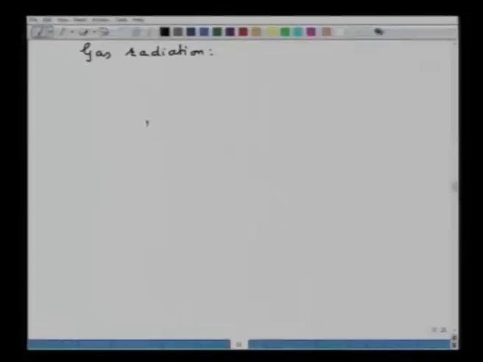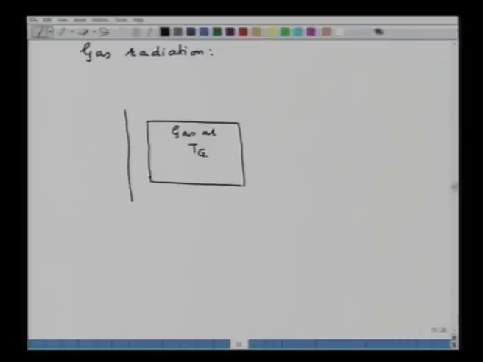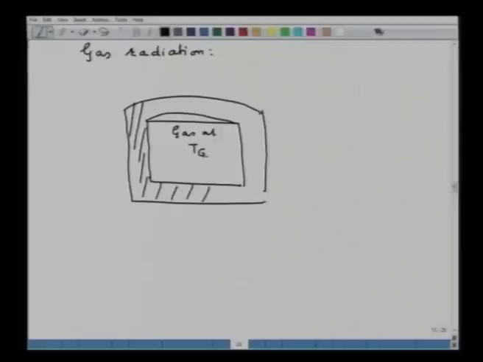So, let us consider a body of the gas at temperature Tg, which is enclosed. This is the refractory.